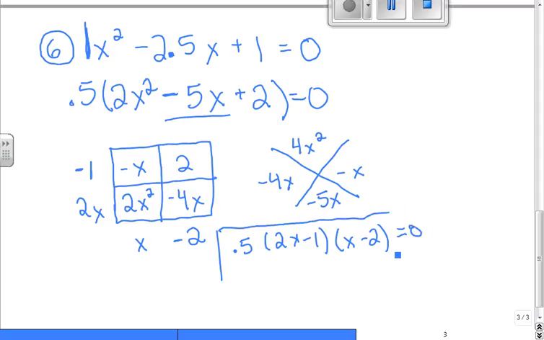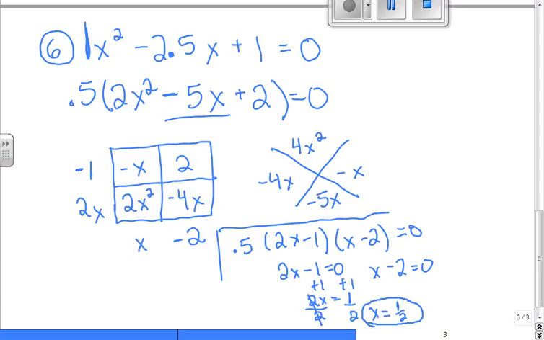So now we can use our zero product property to figure out what x equals. So we have 2x minus 1 equals 0, and x minus 2 equals 0. Well, we're going to add 1 to each side, which gives me 2x equals 1. I'm going to divide both sides by 2, since 2 is multiplied by the x. And in the end, I get x equals 1/2.